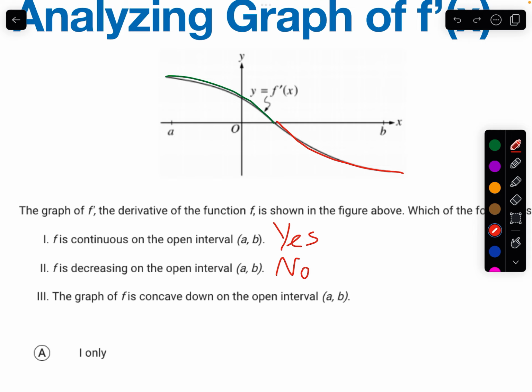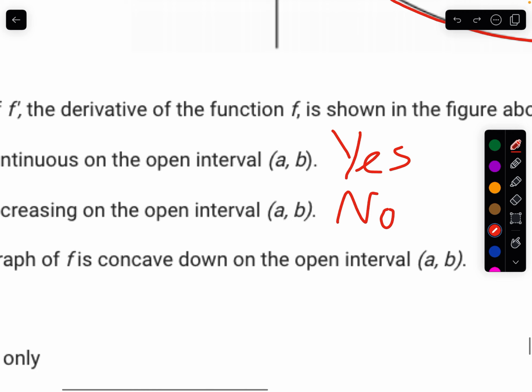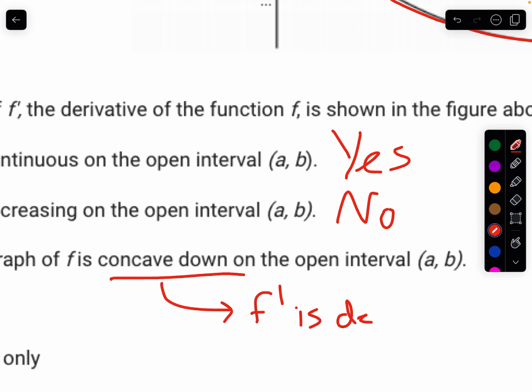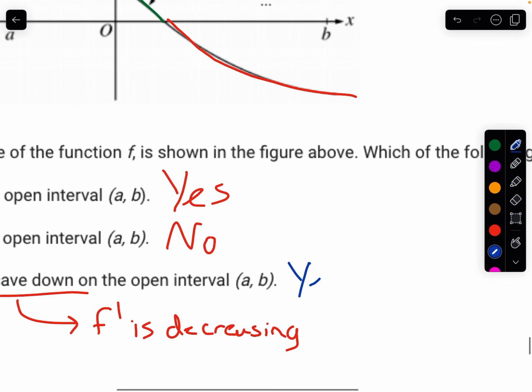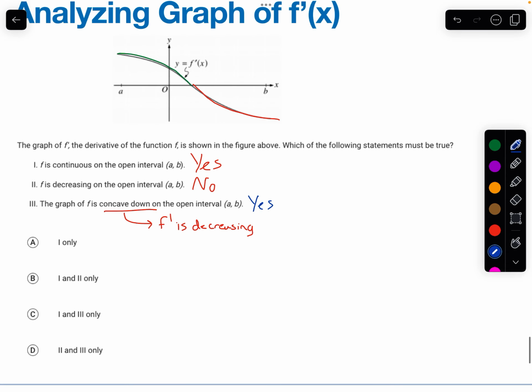Finally, statement 3, the graph of f is concave down on the open interval from a to b. Concave down would be indicating that f prime is decreasing. That's one definition for being concave down. Well, is f prime decreasing? Yeah, f prime is decreasing on this entire interval. So this is a true statement. Statements 1 and 3 are true here. Statement 2 was not.